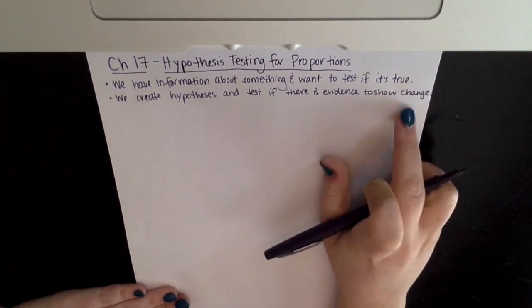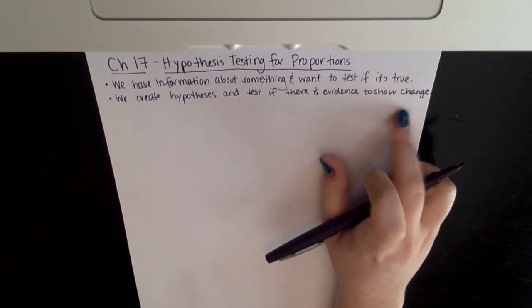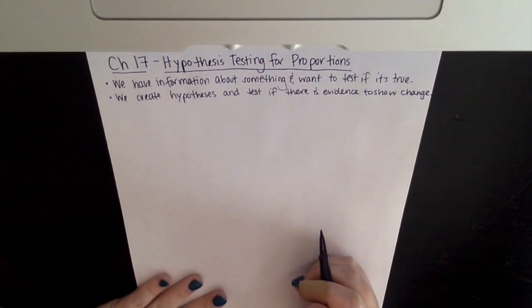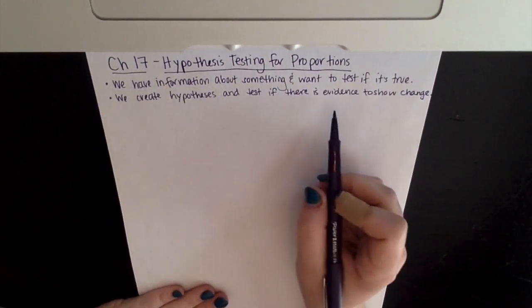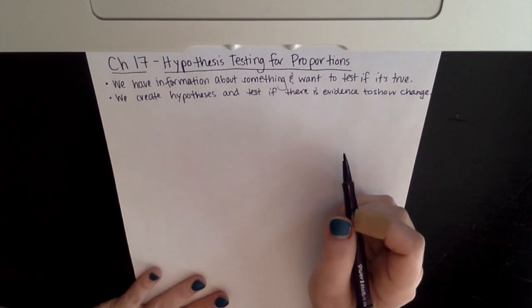We're just trying to show a change of some kind. So I'm going to jump right into the steps of running a hypothesis test, so you can see how we would test to show this evidence of change.